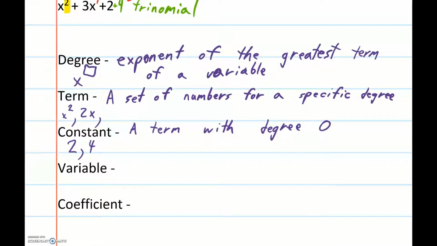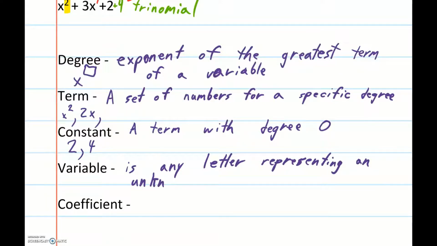A variable is any letter representing an unknown number. So the most common ones are x, y, z, a, b, c, and n.